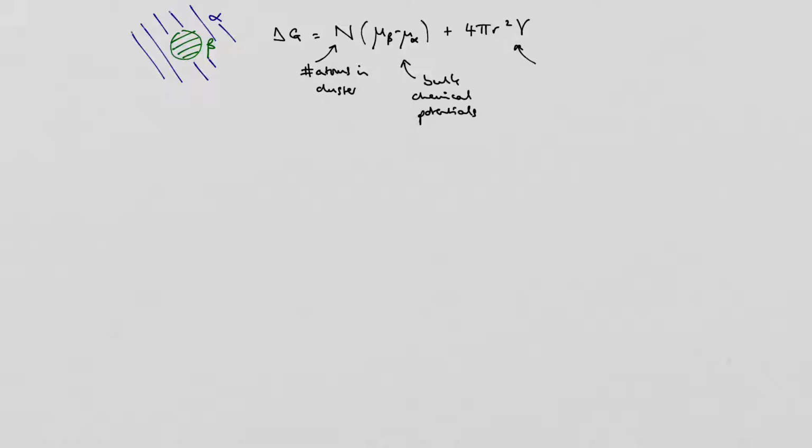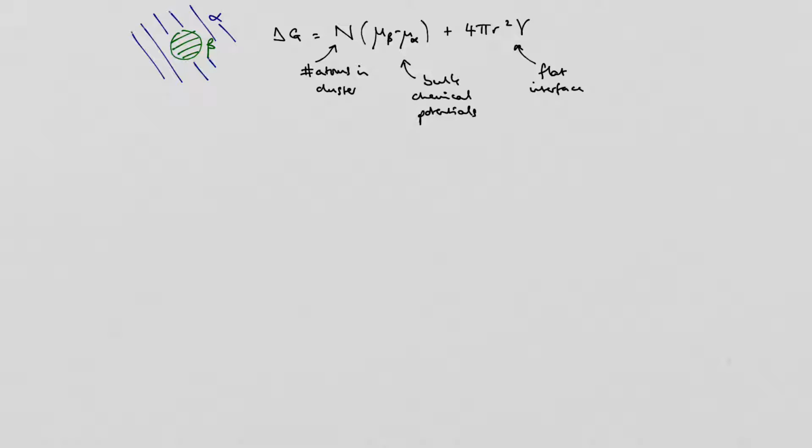Gamma, I am making a simplification with gamma. Gamma I previously talked about as an energy per unit area for a flat interface. So clearly here I've got a spherical interface, so I might need to worry about that a little bit, but bear with me there.